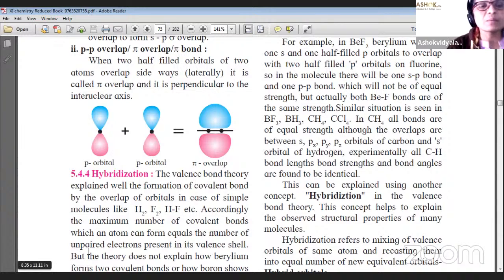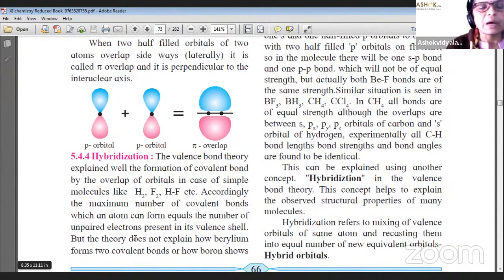But in some cases, the number of unpaired electrons is not matching, and the formation of some molecules cannot be explained with the help of valence bond theory.